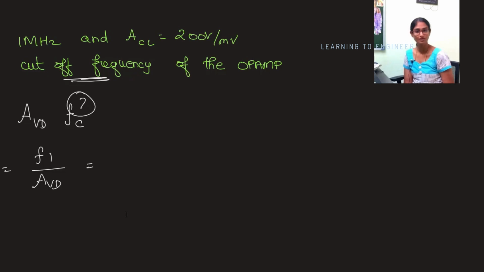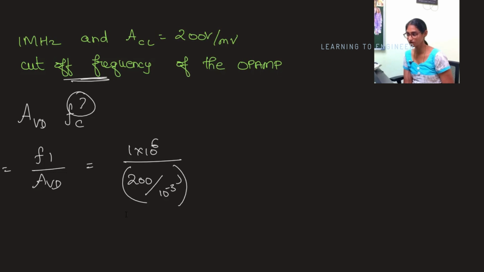If you just substitute, you will get the answer. It is 1 into 10 to the power 6, and it is 200 volt per millivolt. So if you take this to the numerator, you will be getting 10 to the power 6 divided by 200 into 10 to the power 3, which is equal to 40 hertz.